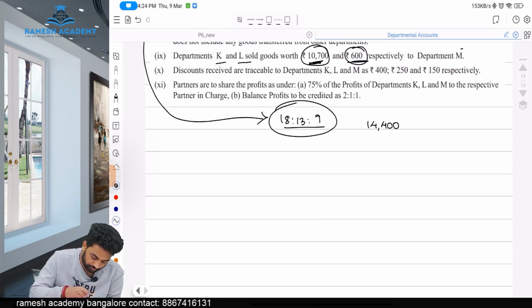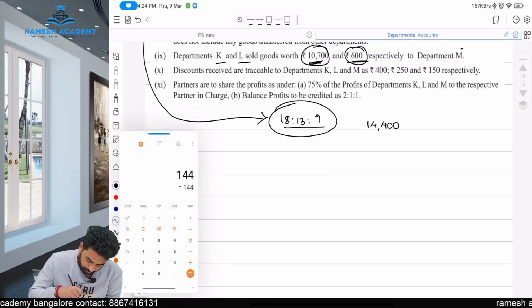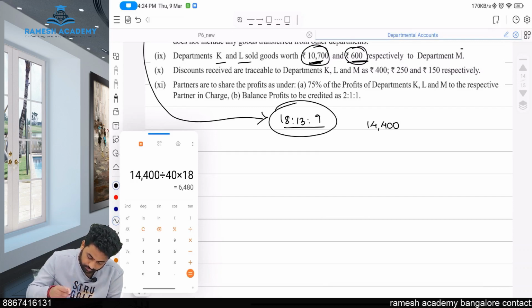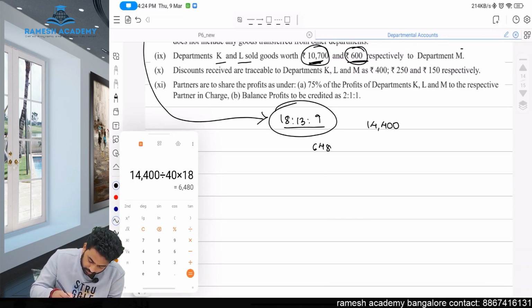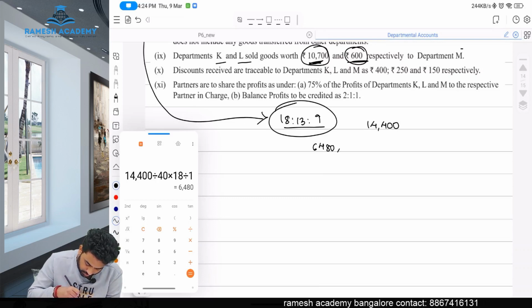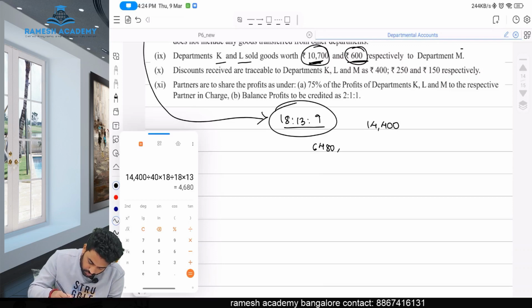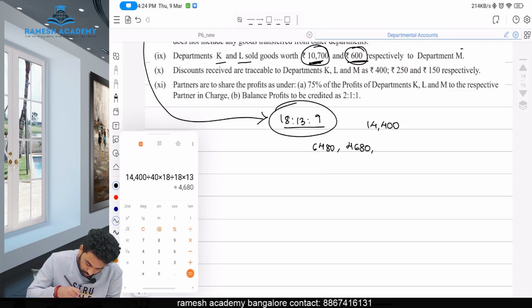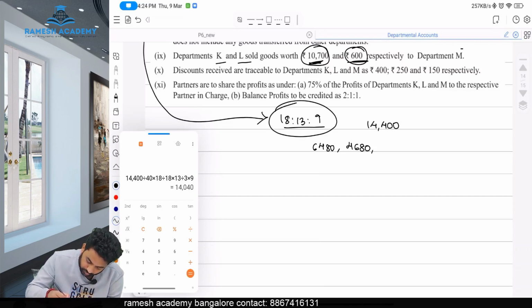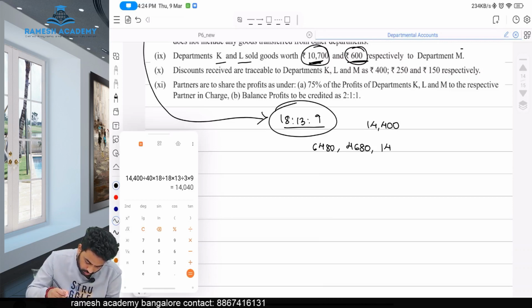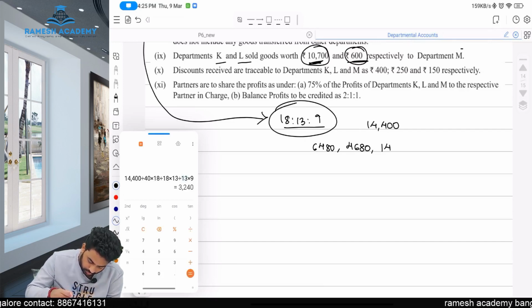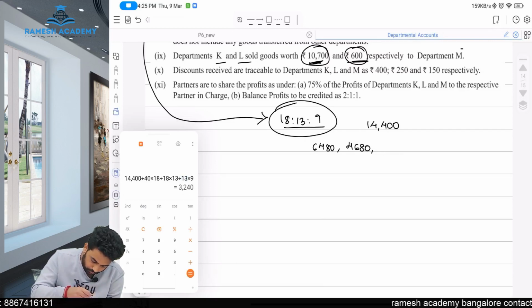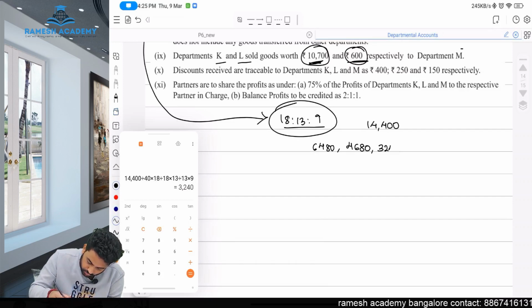14,400 divided by 40 is 360. 360 into 18 is 6,480. 360 into 13 is 4,680. 360 into 9 is 3,240.